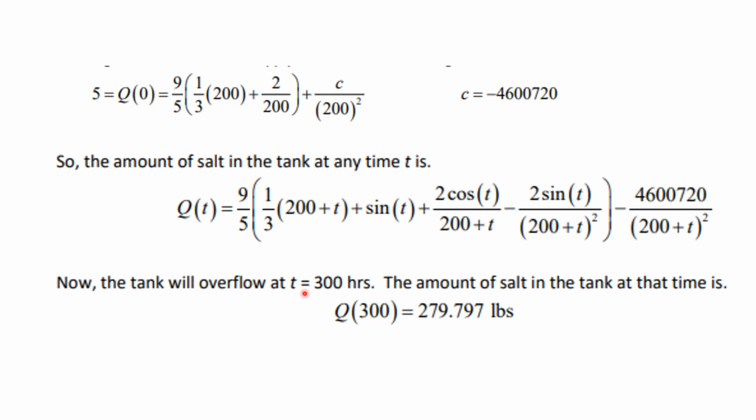Now, the tank will overflow at t equal 300 hours. You can get that from the parameters given early because you're always gaining 3 per hour. You started at 600, so you overflow at 1500. So what you can do is you will take 300, plug it into that equation, do the calculation, and that's how much salt is in when the tank overflows.